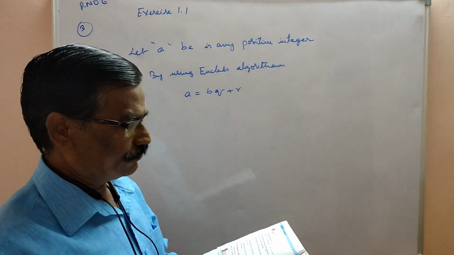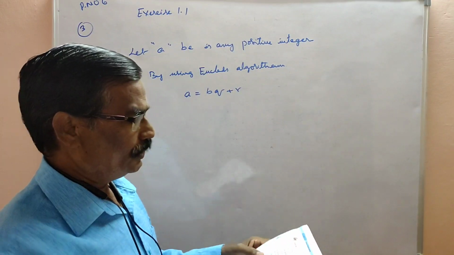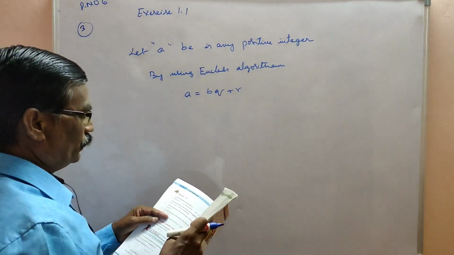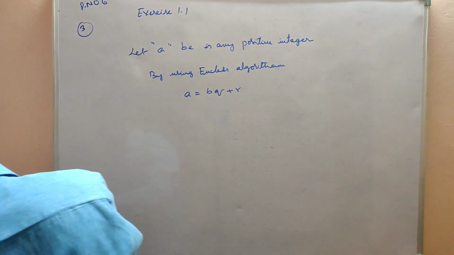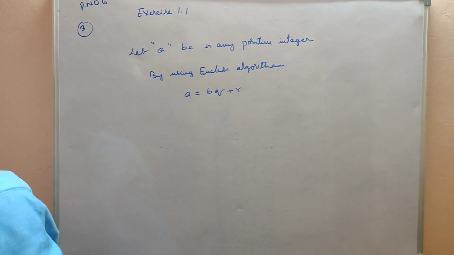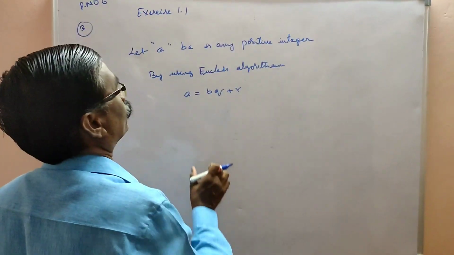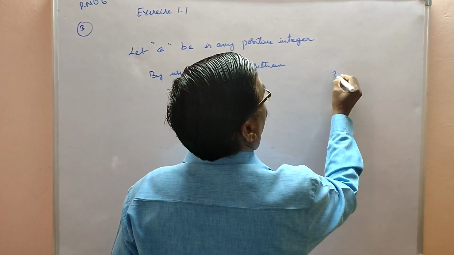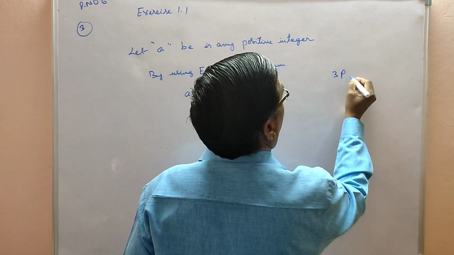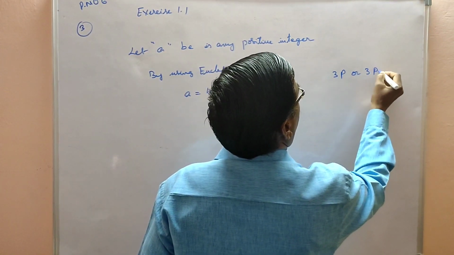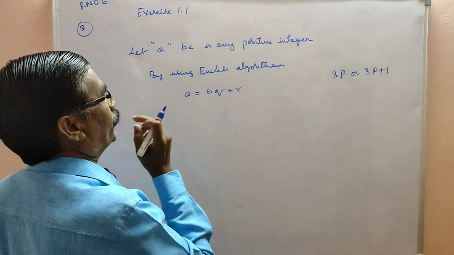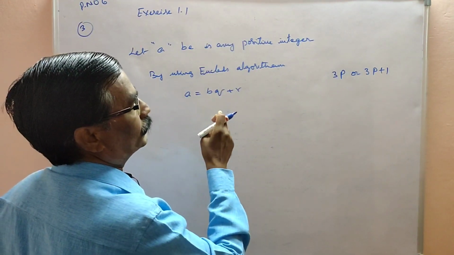So here what is given is that we have to show 3p or 3p plus 1. The condition is given, and we have to show 3p or 3p plus 1. So comparing to that, a equal to bq plus r by using the algorithm theorem.